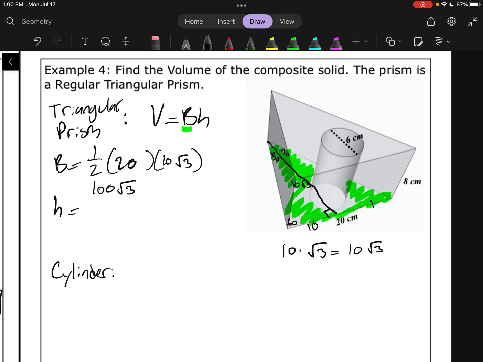The height of our triangular prism, as we've seen from the very beginning, is 8. So I just need to do 100√3 times 8, and I will get my volume.